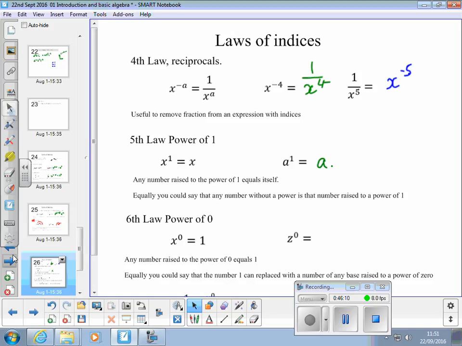And the sixth law, power of 0: x to the power of 0 is 1. In other words, any number to the power of 0 is equal to 1. So z to the power of 0 is equal to 1. A to the power of 0 is equal to 1. Any variable to the power of 0 is equal to 1.